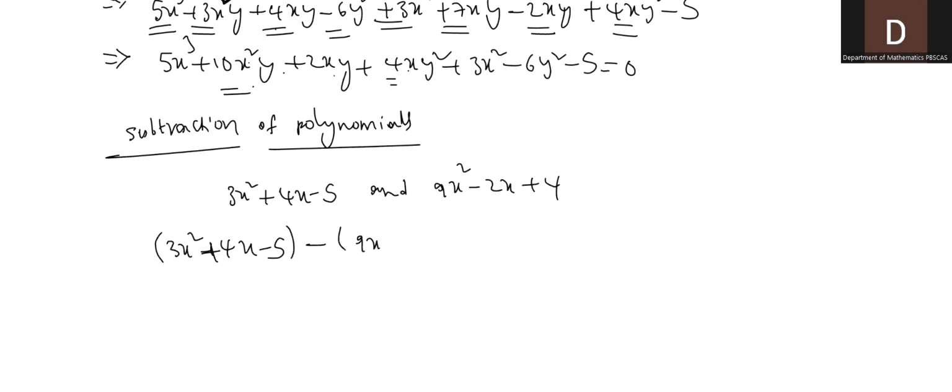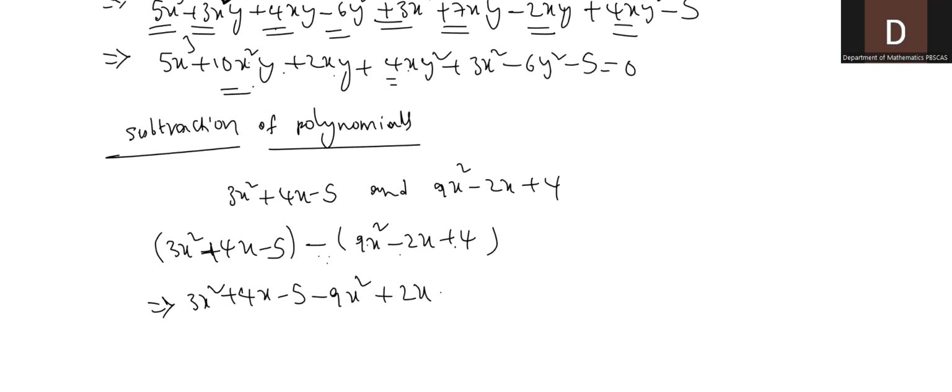That implies subtraction. So 3x² + 4x − 5, minus into 9x² gives −9x², minus into −2x gives +2x, minus into +4 gives −4. The x² terms: 3x² − 9x² gives −6x². Then 4x + 2x is 6x, and −5 − 4 is −9.